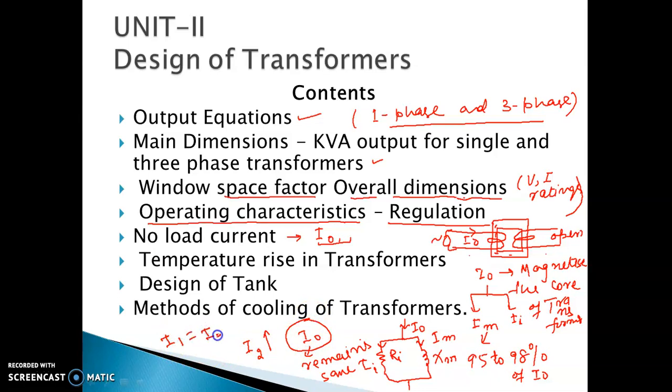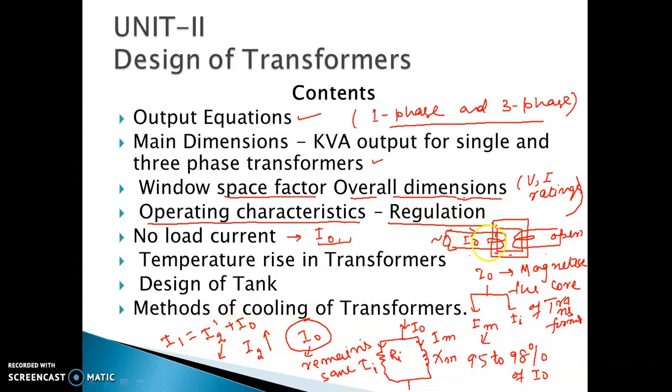I1 is I2 dash plus I naught. This I2 dash you have studied in the transformer: it is the secondary current referred to the primary side. If you connect a load here, whatever current flows here, its effect on the primary side is denoted by I2 dash.